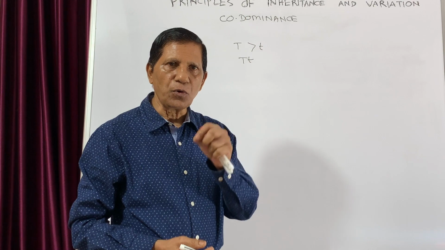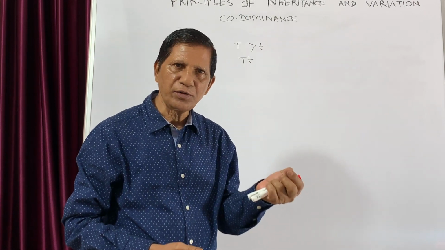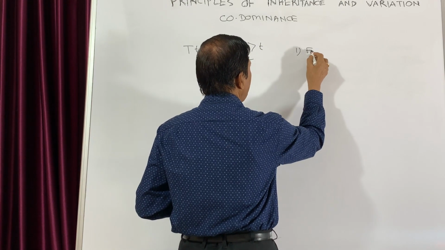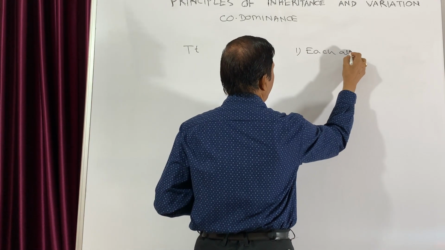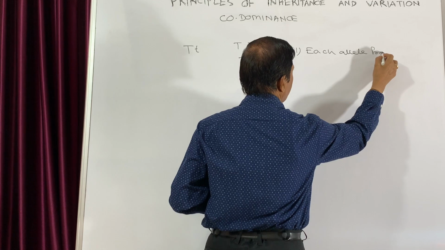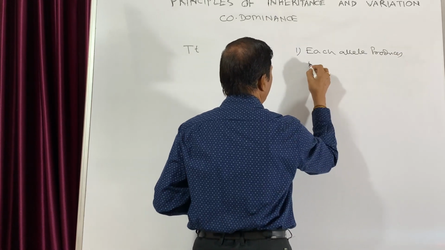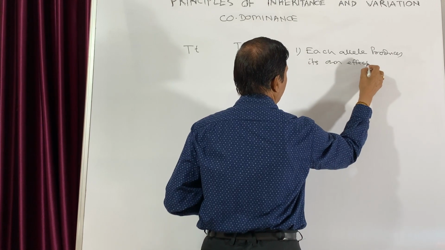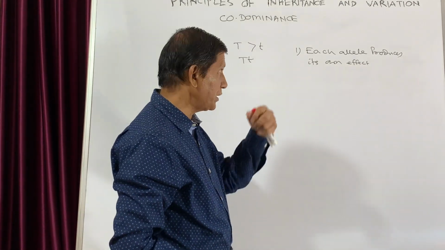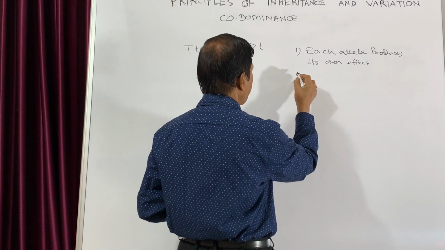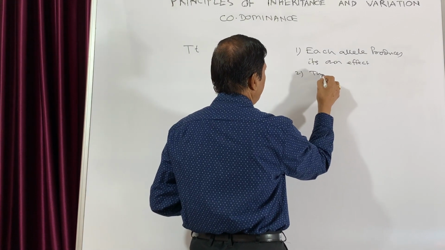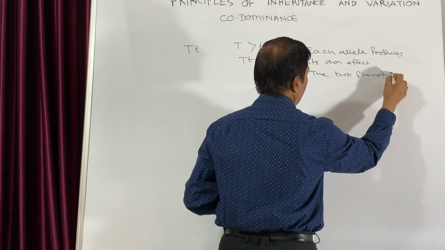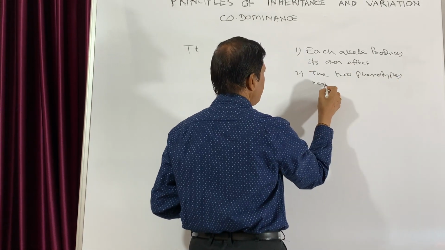In what respects does codominance differ from incomplete dominance? One, each allele produces its own effect. The second, the two phenotypes remain side by side.